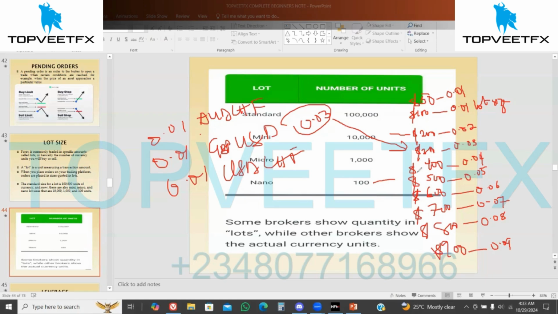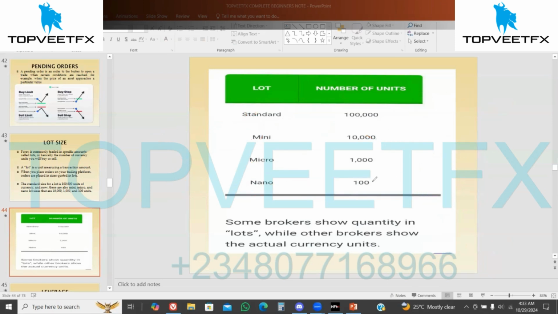Now, from $100 to $900 is for Nano. It's for Nano. So meaning that from $100 to $900 equity, I will be putting it that way. For micro accounts, from $1,000 to $9,000 account.